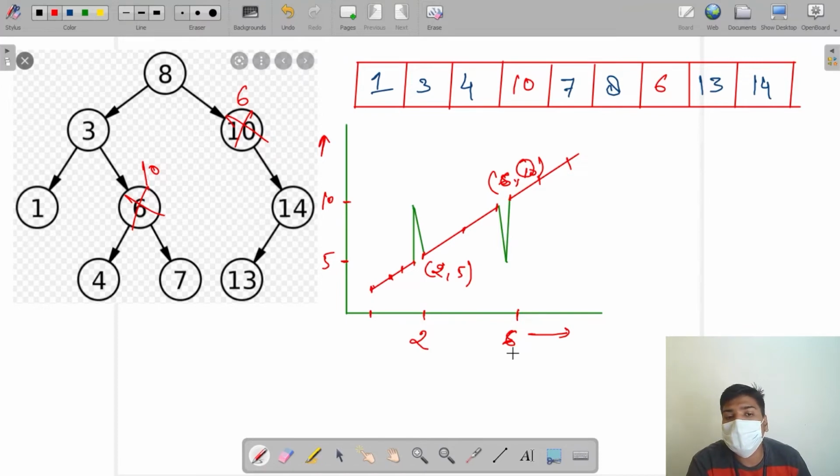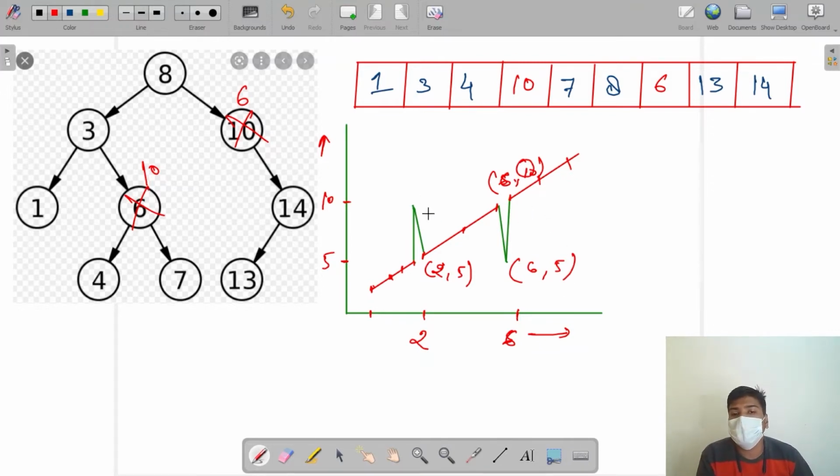Earlier there was 10 and now there is 5, so it is 6 comma 5. So I can simply see that there is a downfall. 10 is being changed to 5, so there will be a downfall.